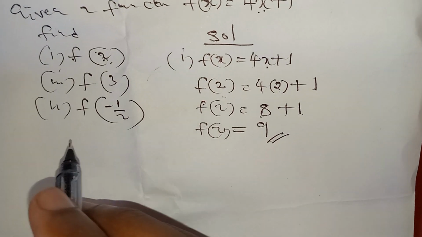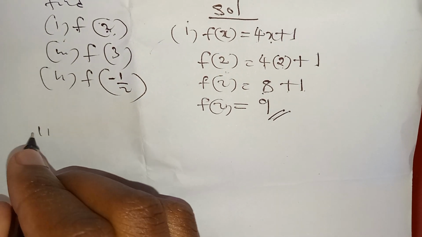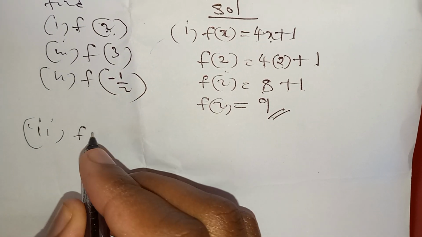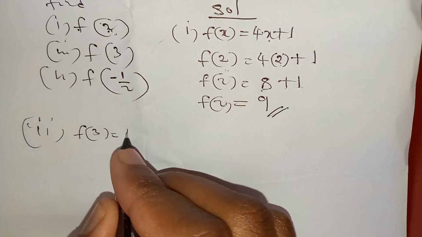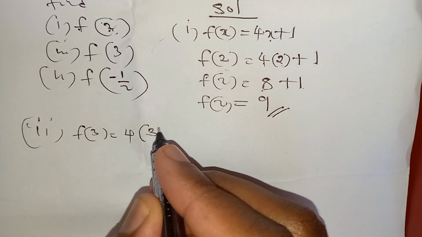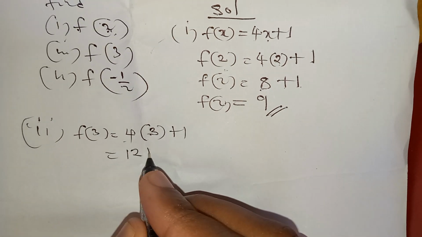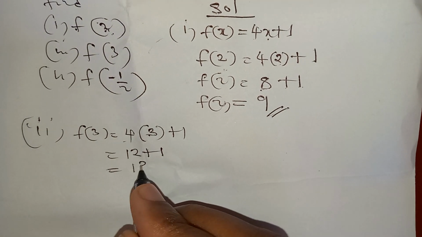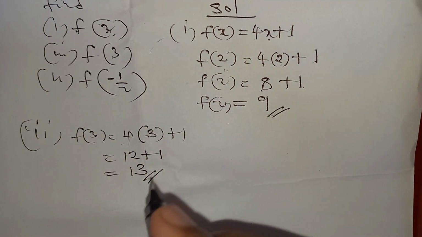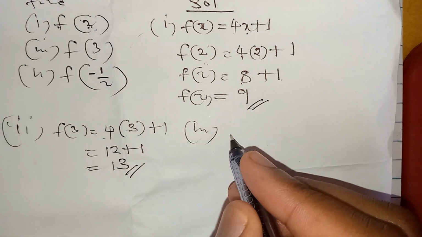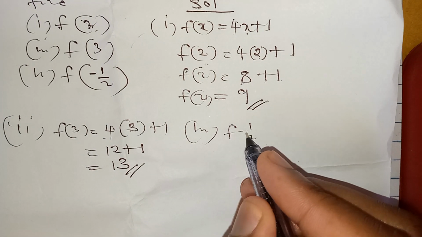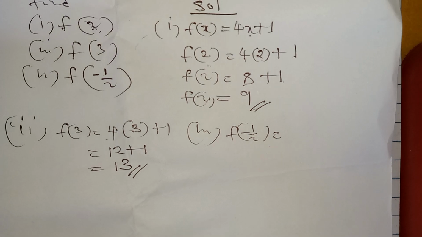So f of 3 is equal to 4 times 3, which is 12, plus 1, which is 13. Then the third one, where we have f of negative half, same thing, just substituting.